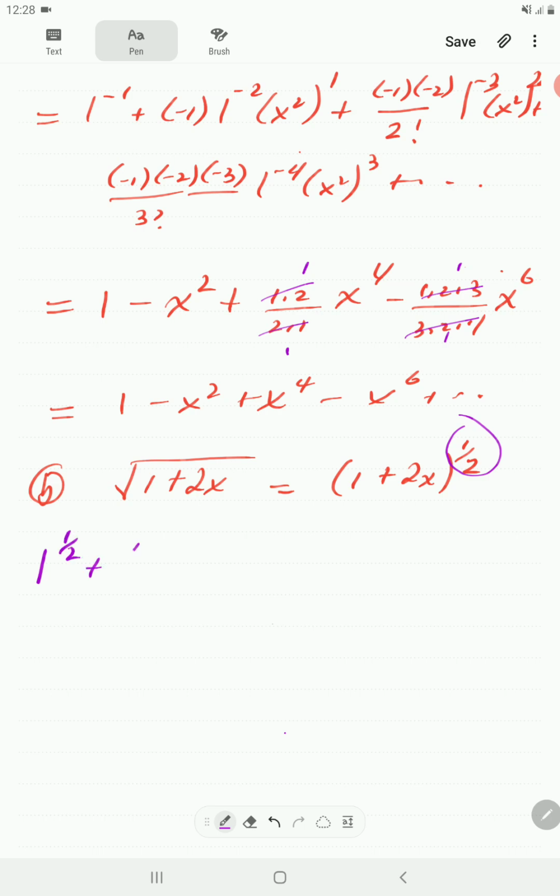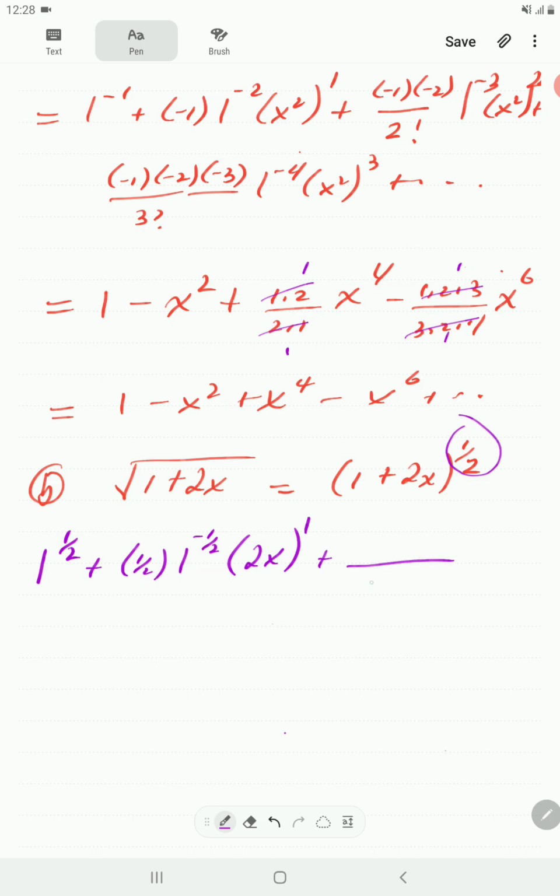Then the second term, the coefficient is 1/2. Then 1 to the power, well, these powers are going down. 1/2 minus 1 is negative 1/2. Then b is 2x to the power 1.